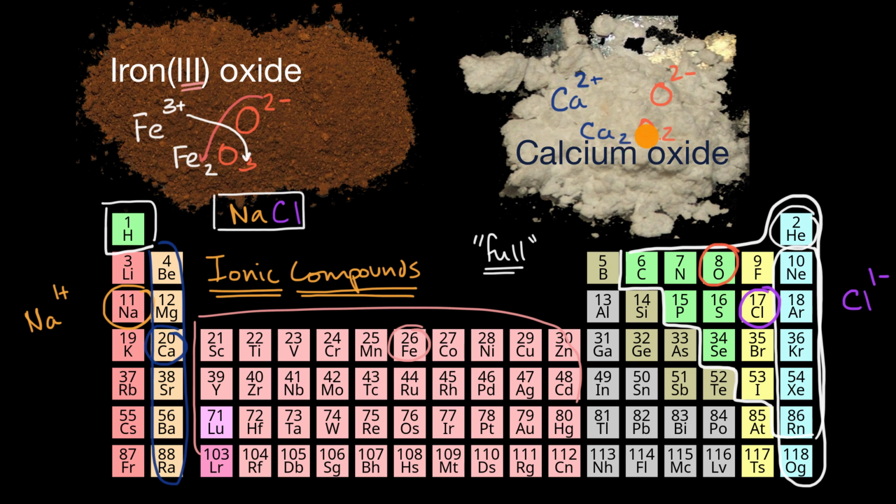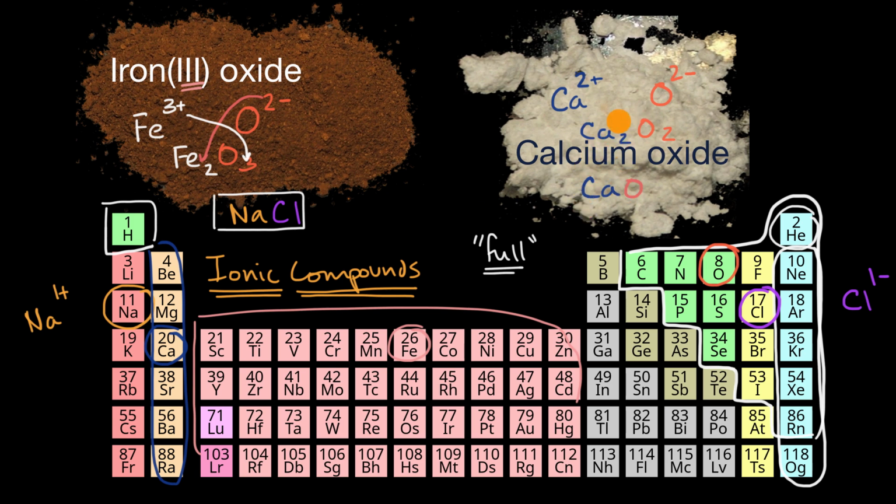And you notice that both of these 2's are divisible by 2. So, in some ways like the way you learn to reduce fractions in middle school, you could reduce this and say, if I divide both of these by 2, I get to a calcium oxide like this, which is the true empirical formula for calcium oxide.